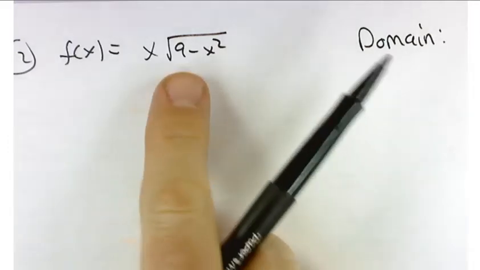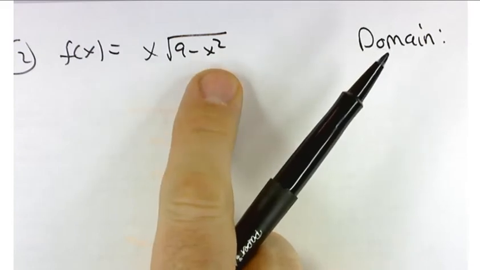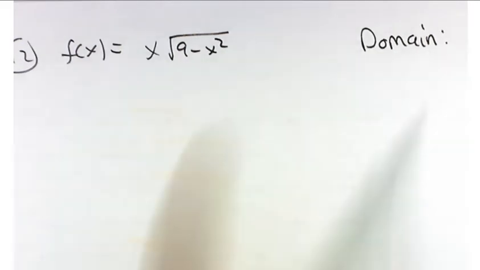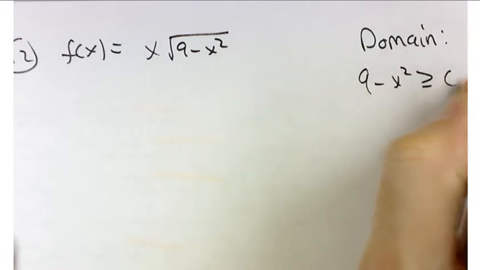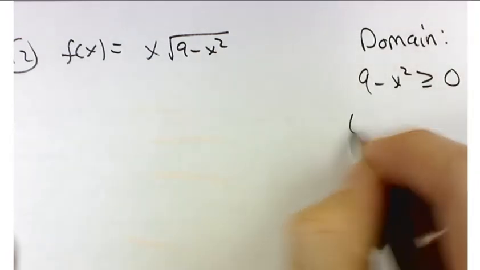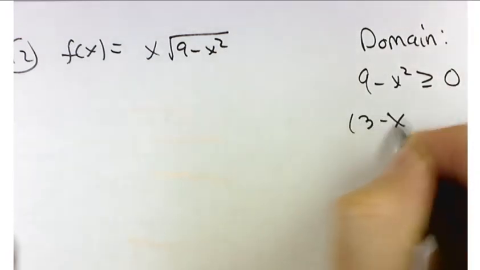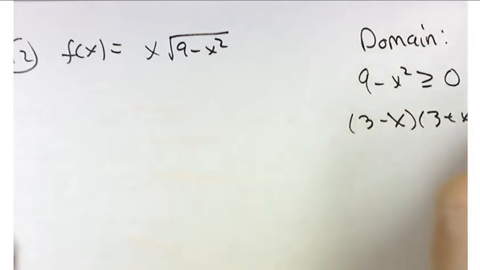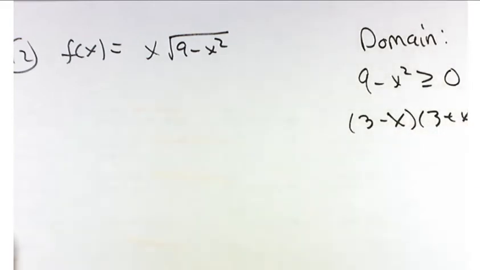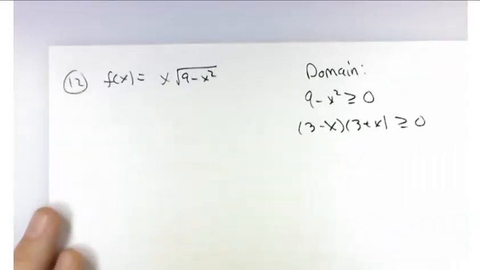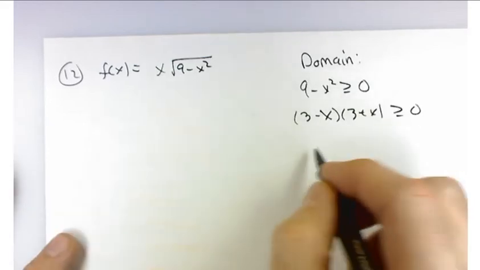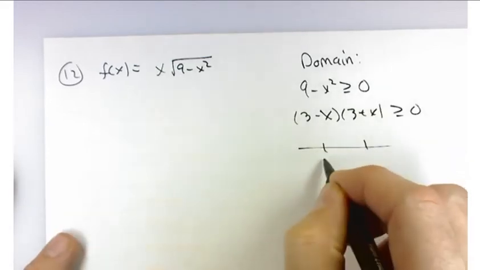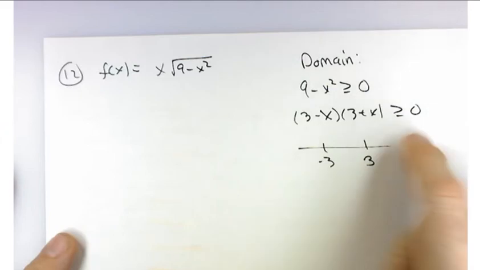-4. 9 minus 16, square root of -7, that's a problem. So I can't just throw in anything and everything. I have to make sure that 9 minus x squared is greater than or equal to 0. That means 3 minus x times 3 plus x is greater than or equal to 0. That tells me that I have limits on things. 3 and -3 are where this equals 0.